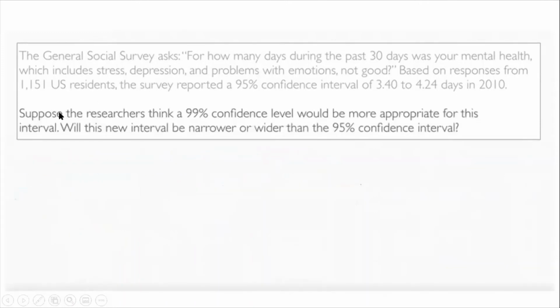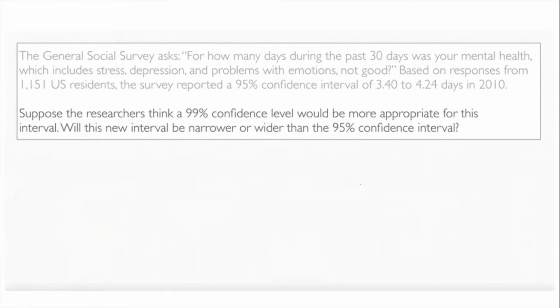Okay, so again, now we want to increase it to a 99% confidence interval. If we want to increase to 99%, will this new interval be narrower or wider than the 95% confidence interval? What do you think? We want to increase 95 to 99%.